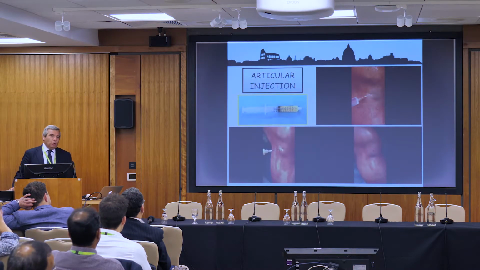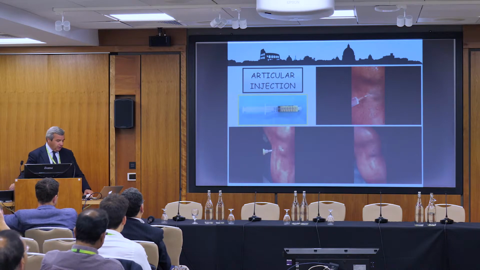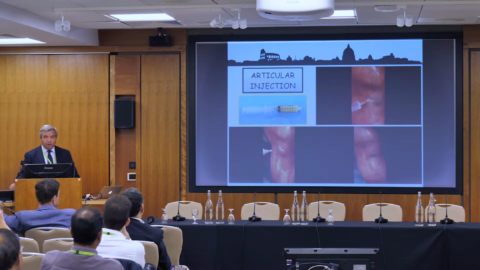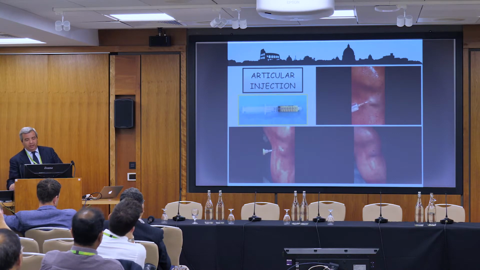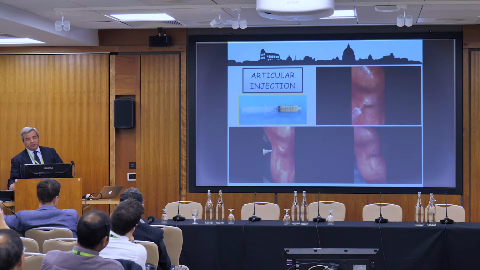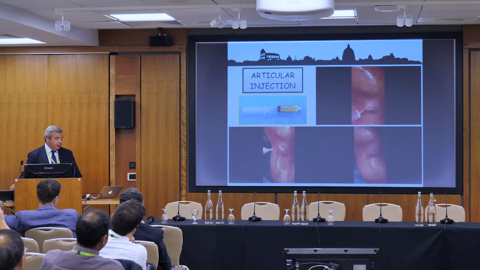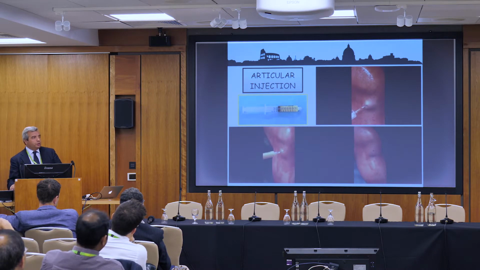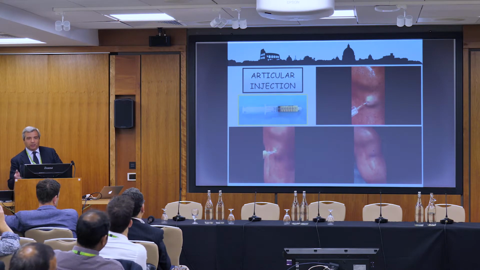Then, once more, you can use it as an articular injection. That's a simple procedure. You do your dermis and epidermis anesthetic infiltration, and then you just introduce it. I'm using the lateral compartment, as you see. There was a discussion yesterday on what access.